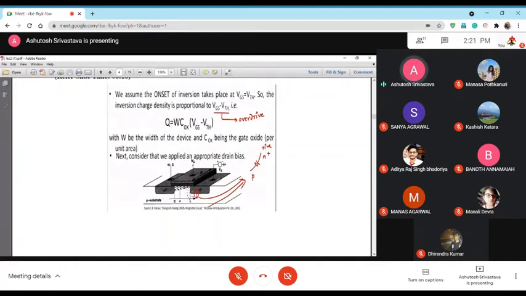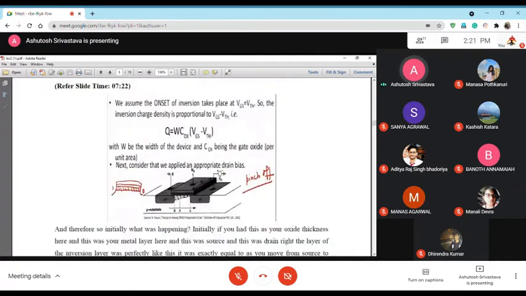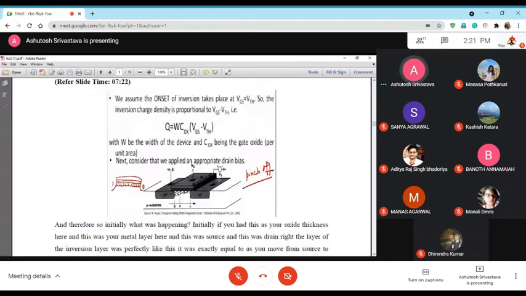We are now talking about transistor operation for digital circuits in the three domains, which are the cutoff, the saturation, and the linear. Saturation and cutoff are more relevant for us because we are dealing with digital IC design or VLSI design.